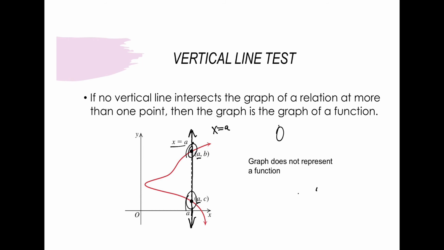So my input of a goes to 2 different outputs, b and c. That's like one city having 2 different populations, or hitting the space bar and getting a space sometimes and then getting maybe an x another time, so it's not consistent. That does not represent a functional relationship, so we would say it's not a function.